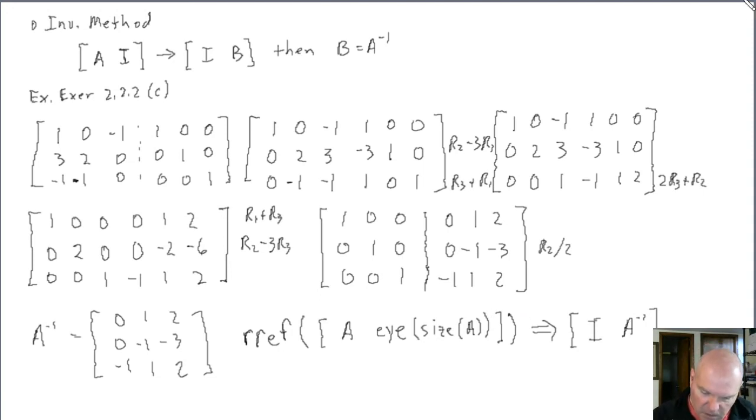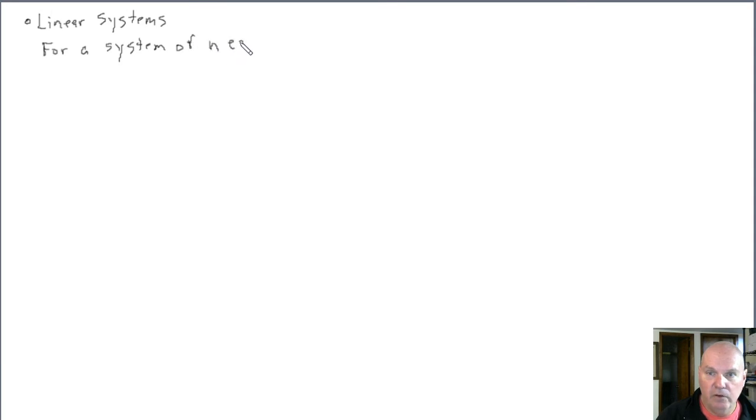Okay. So actually, we've been concentrating on solving linear systems of equations. So let's go back and revisit that problem, now that we've got this new tool. So for a system of n equations and n unknowns, now this is a more restrictive problem.